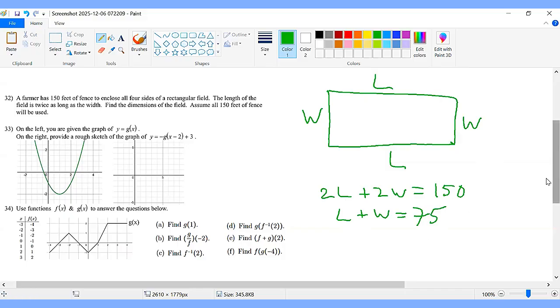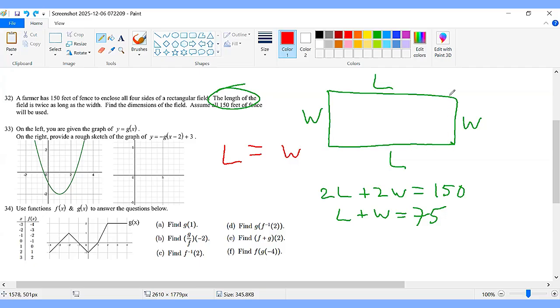Now, another fact is here. The length is twice as long as the width. It's longer than the width. So watch. Here in red, if I were to say that length equals width, that would be false. I would be a liar because that's not true. It turns out that it's twice as long as it is tall.